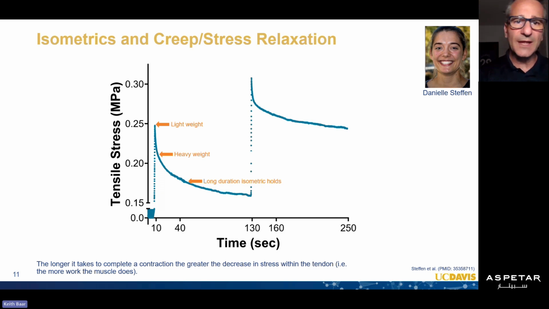So if I only use lightweight, I'm never going to get this stress relaxation. If I lift heavy weights, I'm going to get a little bit of it. And that's one of the reasons why heavy weight training is really good for injury prevention. But if I do these longer duration isometric holds, I'll actually get significantly more stress relaxation, and that could be really beneficial to these tissues that we're looking at, the tendon and the muscle.